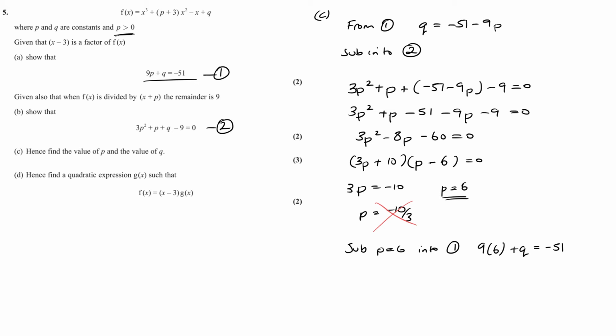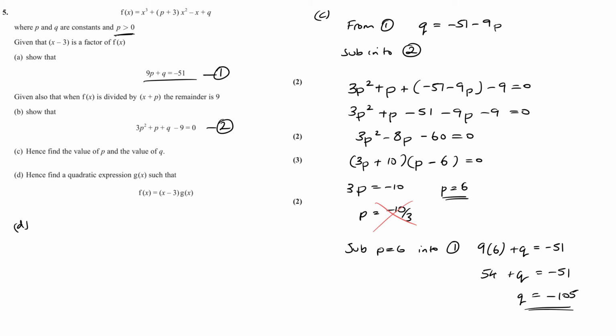So 9 times 6 is 54. I don't know why I use the calculator. It's late. I'm doing this late, aren't I? Not thinking. So 54 plus q equals minus 51. So q equals, taking away 54, negative 105.